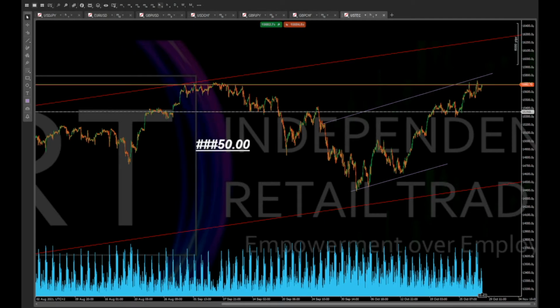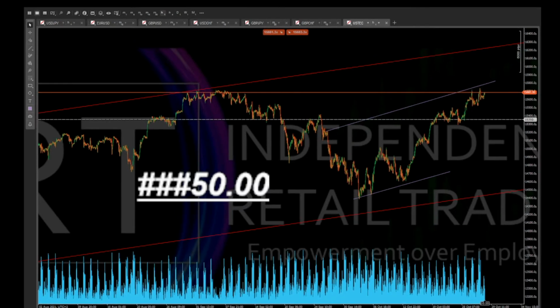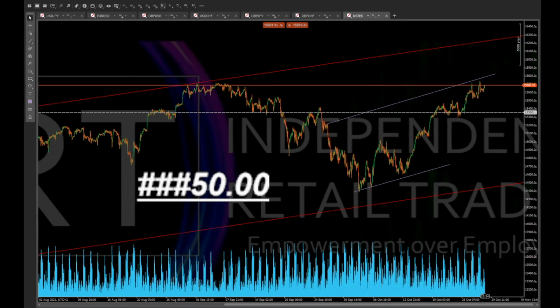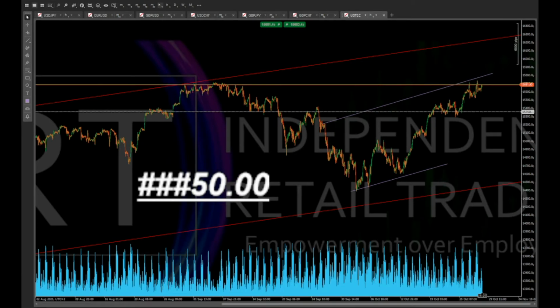So, guys, if you look at the screen, you will see I placed a number, hash 50.00. Once you've got your trend line and all those goodies, I need you to place these lines as well, so that it looks like this.